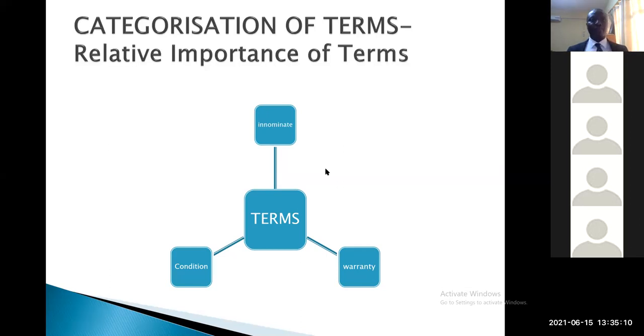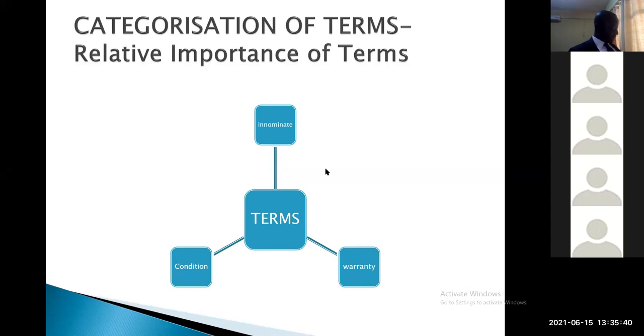And for that reason, when they are breached or broken, they generate different consequences and different remedies are available to the innocent parties. So we made the point that traditionally, terms are divided into condition and warranty. That is the traditional categorization of terms, condition or warranty.